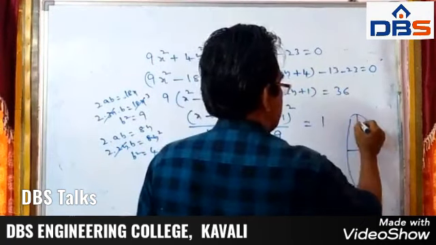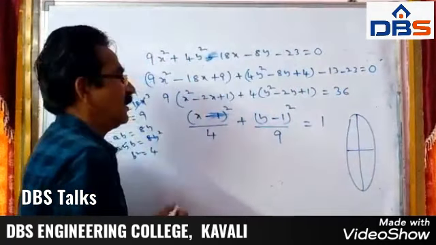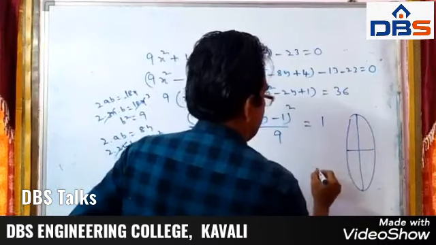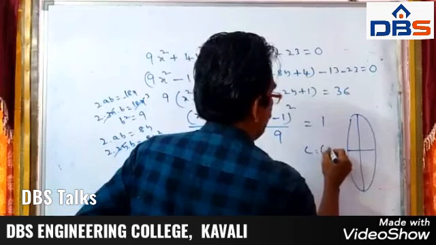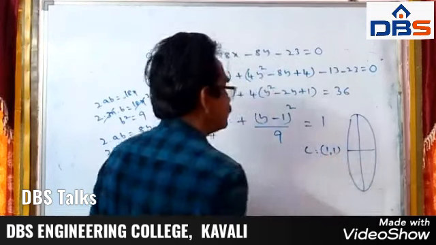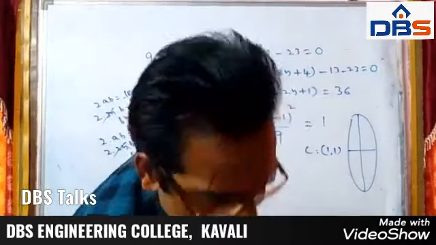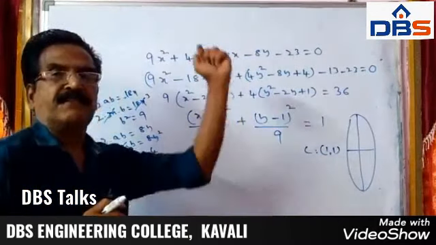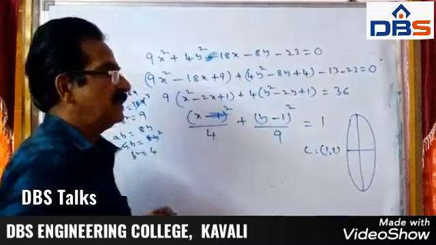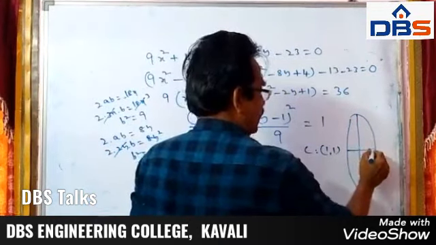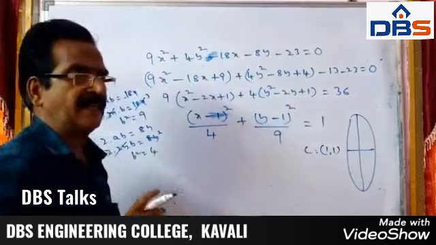Now first thing, center is (1, 1). And what is to be found? The equations of the latus recta.